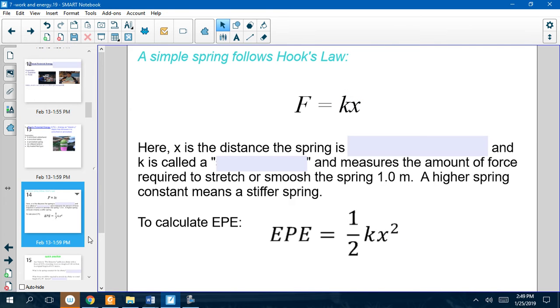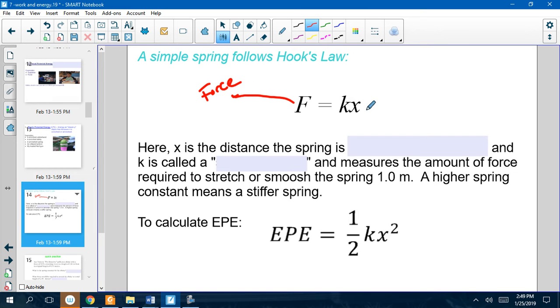The first one is Hooke's law, and that one states that the force required to stretch or smush a spring would be equivalent to the product of that displacement and what we call a spring constant.